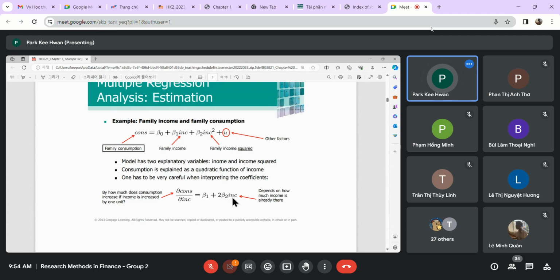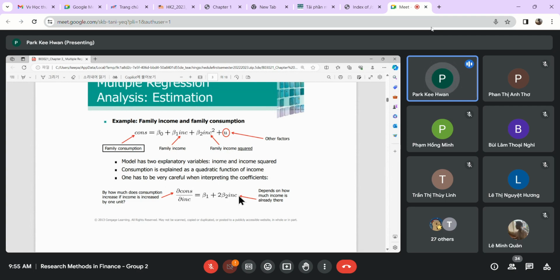And this marginal propensity to consume depends on the level of income, okay? So you may compare this marginal propensity to consume between a lower income family and a higher income family. Suppose that income increased by 100 for both a lower income family and a high income family.